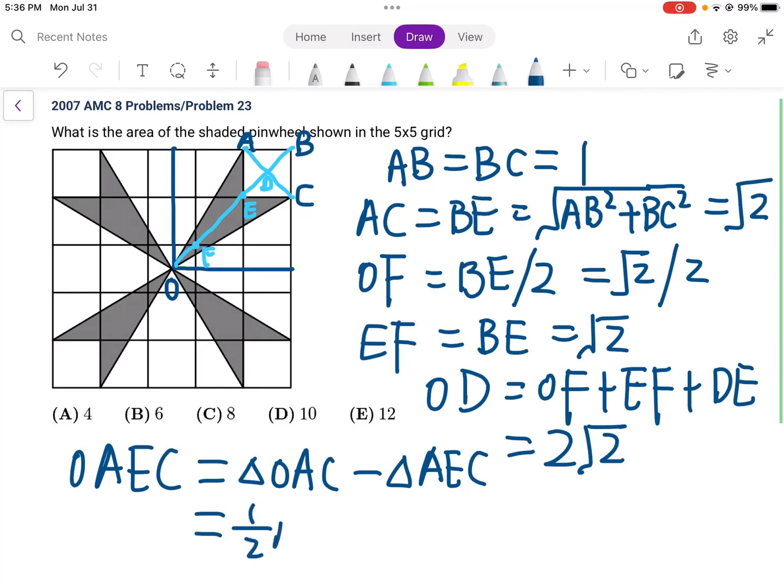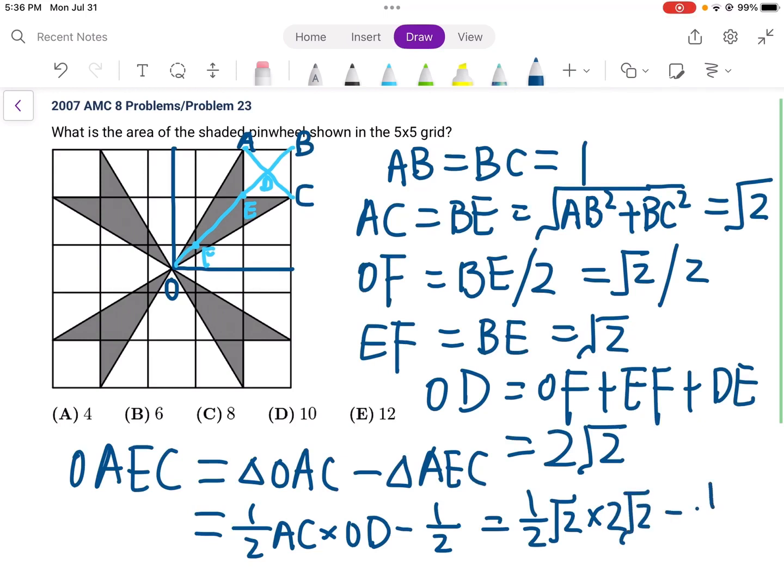1/2 AC multiplied by OD, minus 1/2 of the area of the unit cell, and that's 1. So we know that AC equals square root of 2, and OD equals 2 multiplied by square root of 2, subtract 1/2, and that gives us 3/2.